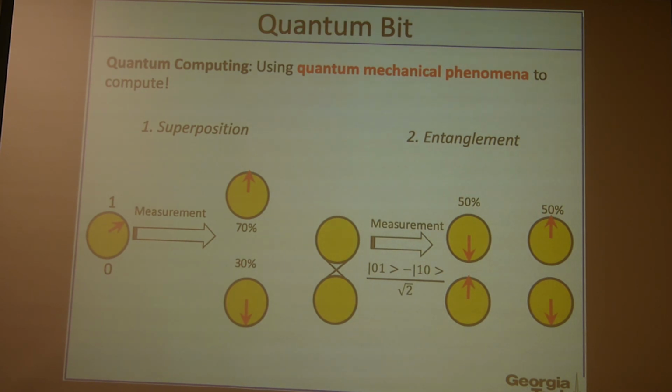Now if you measure it, for example, in this particular case, you may measure it to be 70% of the time up and 30% of the time down. So if you measure it 100 times, 70 times you will get it up and 30 times you will get it down. So that's the thing about qubits.